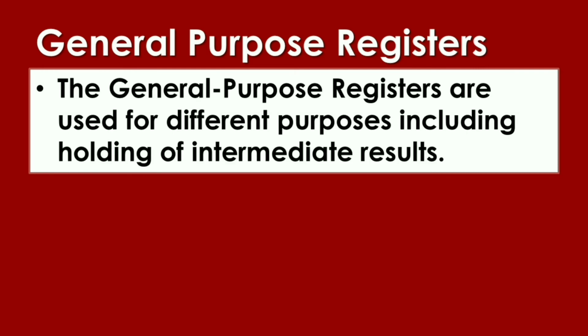Then next, we have the General Purpose Register. The General Purpose Registers are used for different purposes including holding of intermediate results. So, madaming ginagawa si General Purpose Register. Kasama po dyan, guys, is yung pag-store ng result na na-process ni processor.